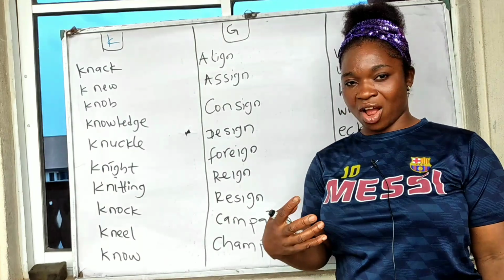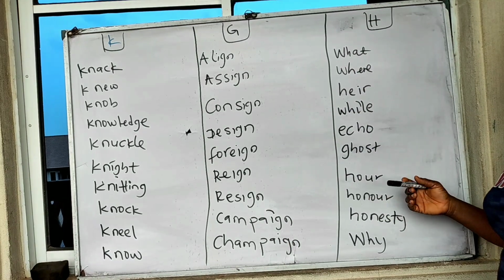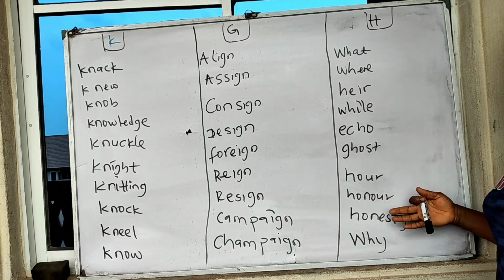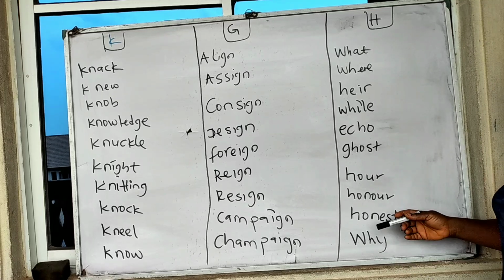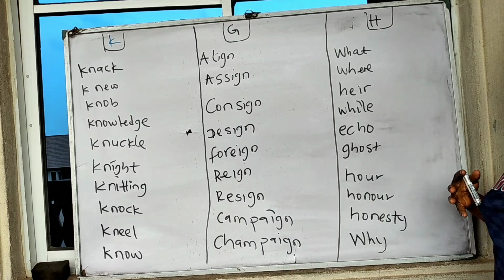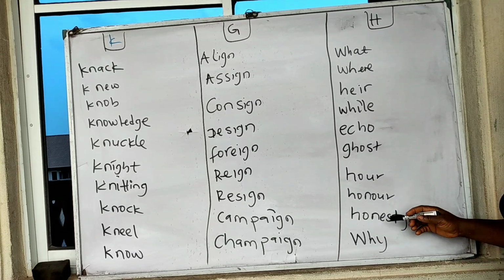So we have hour. We have an honor. This is honor, not honor. It's an honor. Okay, so we have honesty. This is honesty, not honesty.